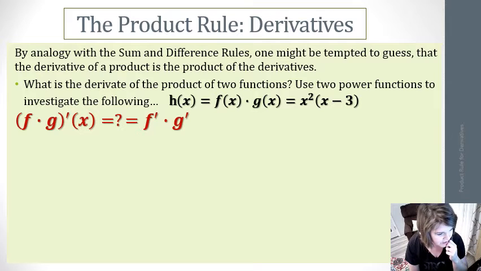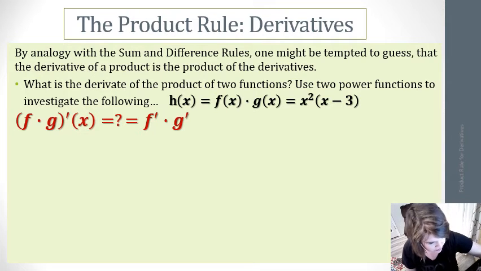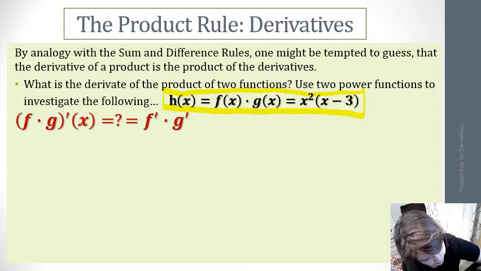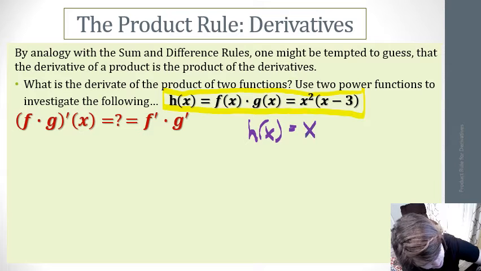We have h of x equals this function, which is two things multiplied together. Now, in the past, since we didn't know how to do this, we would multiply it out. So we had h of x, and we would multiply x squared times x and get x cubed, and then x squared times negative 3x squared.